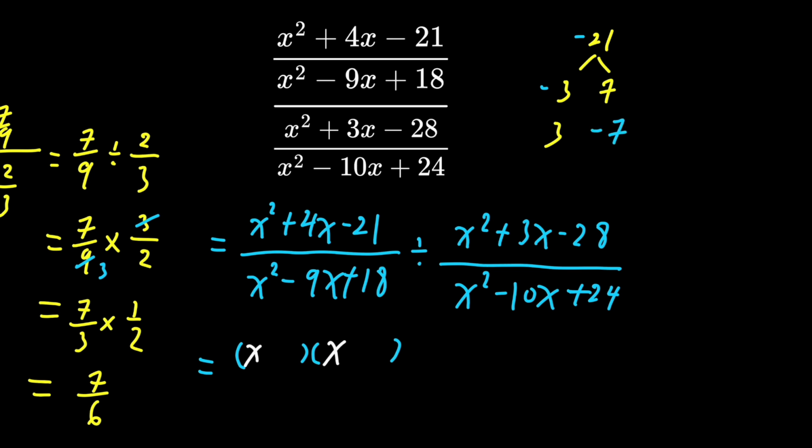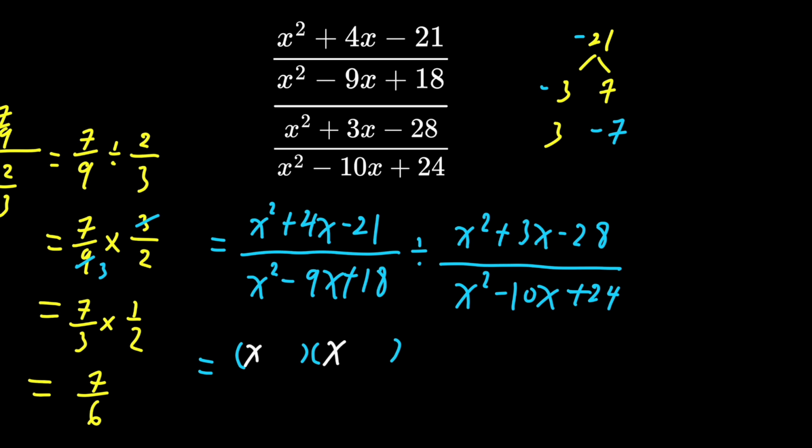But how do we know which two numbers we use? We can figure that out by testing for the second term. Since the second term is positive, the sum of the two factors must be the same as the coefficient of the second term. So in this case, it's positive 4. Now, using logic, when two numbers are added together and one of them is negative, to get a positive result, the larger number must be positive, right?